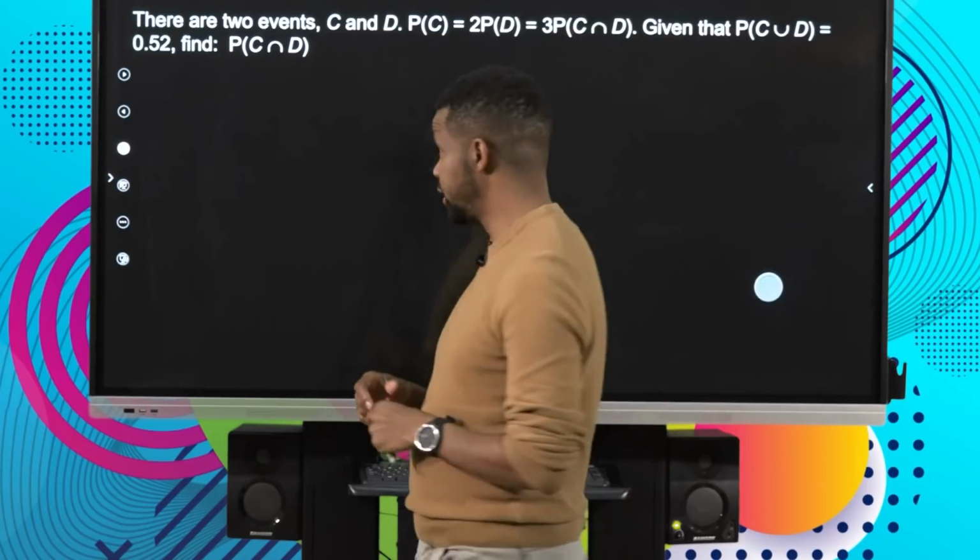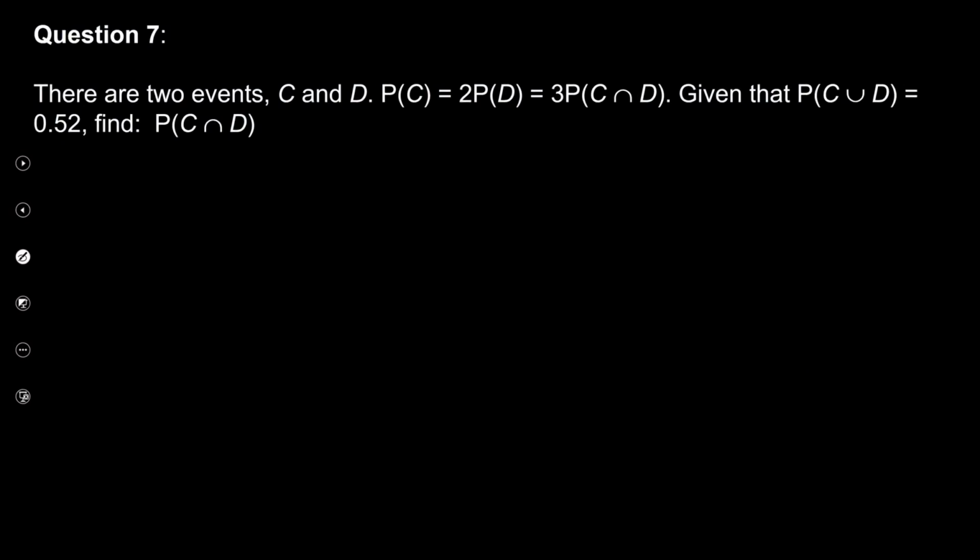You're given 2 events, event C and D. What is given here is the probability of C is 2 times the probability of D, and it's 2 times the intersection of C and D. Remember, intersection is the same as AND, and union is the same as OR. Now, we're also given that the probability of C or D is 0.52. The question is to find that.